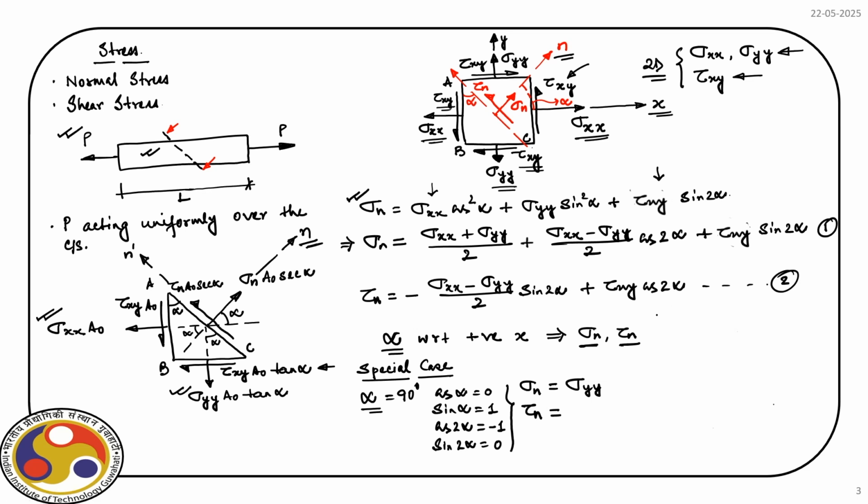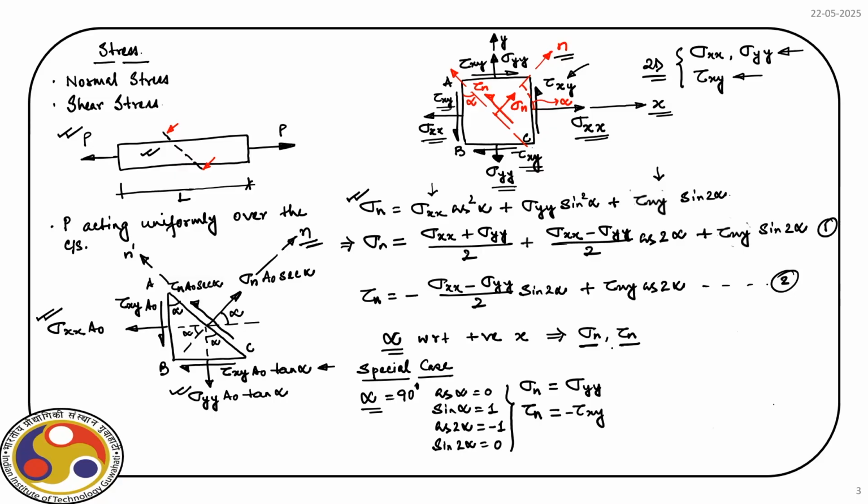Then again, for alpha equal to 90, sin 2 alpha will be 0 and cos 2 alpha will be minus 1. So, we will have tau, which is actually tau xy with a negative sign, simply because if you recall our sign convention, we consider a case where the plane is defined by its positive normal and also the stress is causing moment or rotation in the positive direction of the x axis.